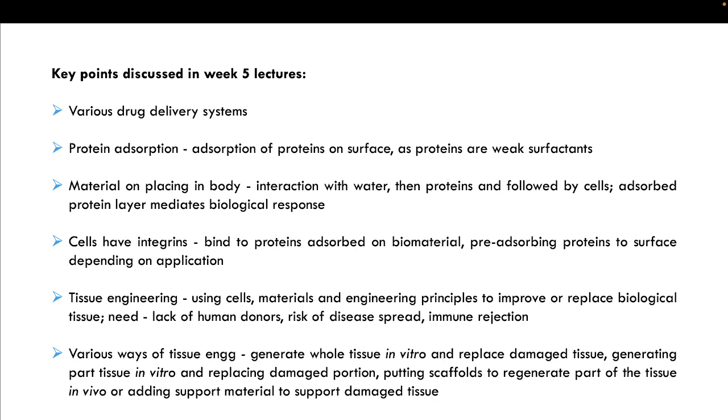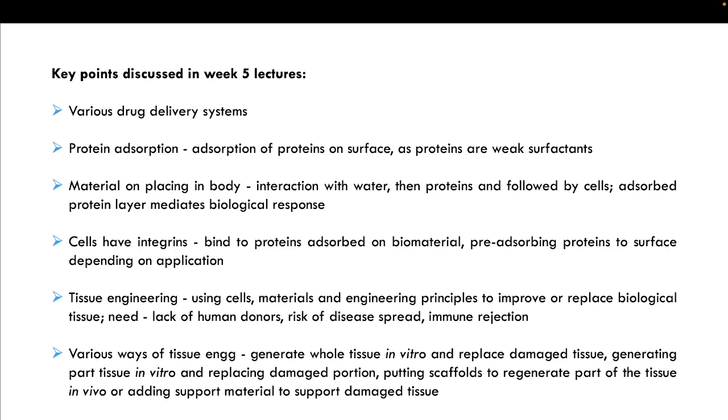First of all, it could be used to generate a whole tissue in vitro. That is, you completely make an artificial organ outside the patient's body and then replace the damaged tissue in the patient's body. Or you can make part of the tissue in vitro and then replace the damaged portion. This happens in the case of, let's say, a liver transplant.